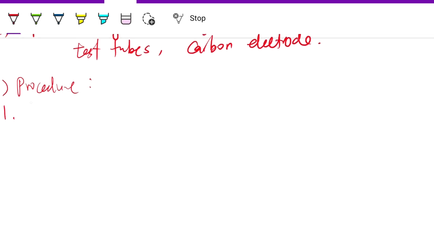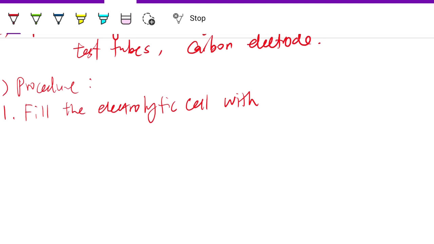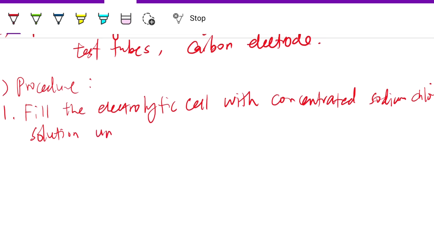So step 1, we fill the electrolytic cell with concentrated sodium chloride solution until half full.